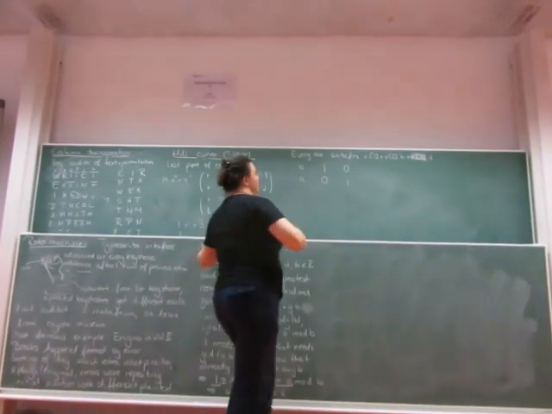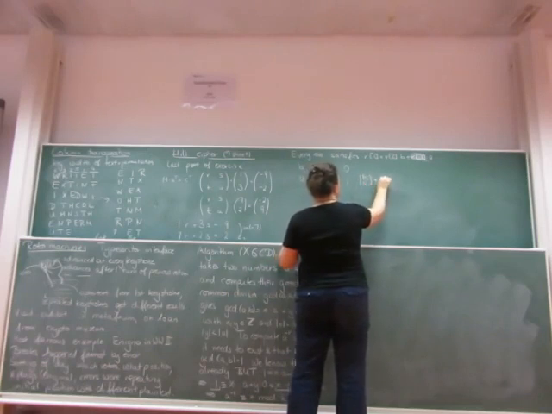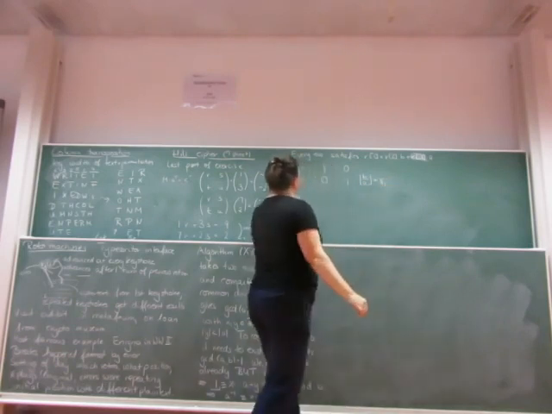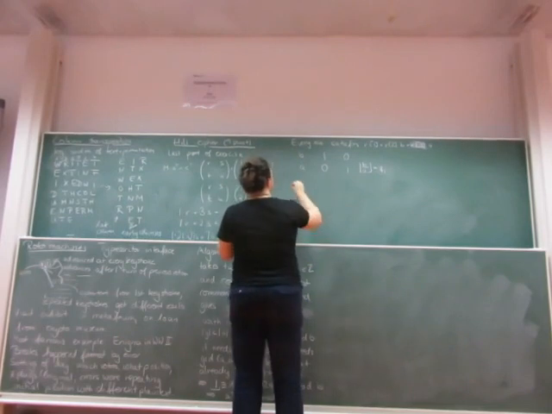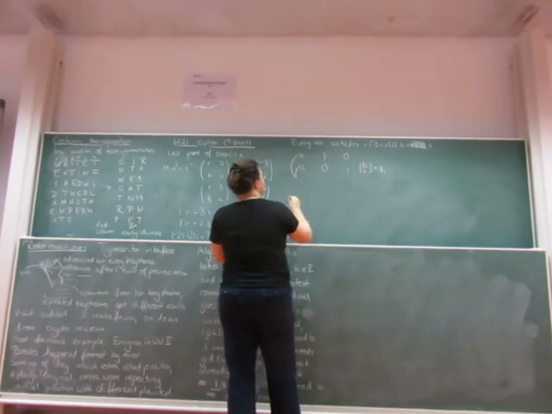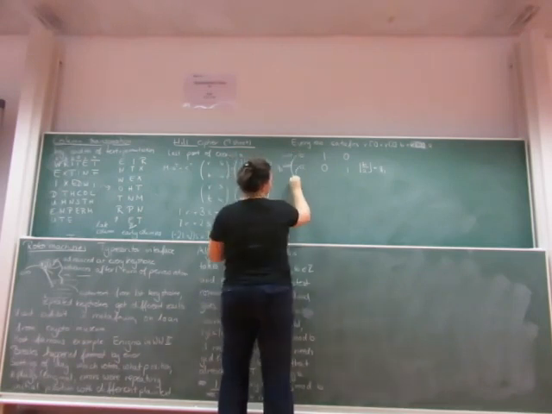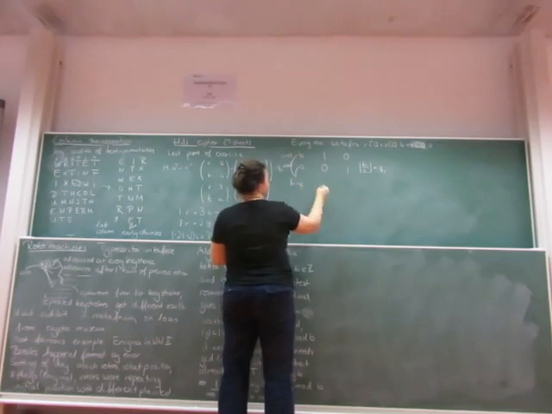Now we put here the division of b divided by a, rounded down. So that's going to be our quotient q1. And then we put here row 1 minus q1 times row 2. So we're getting b minus q1, that's the fraction here, times a.